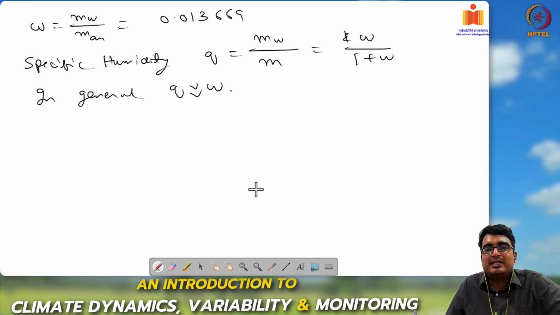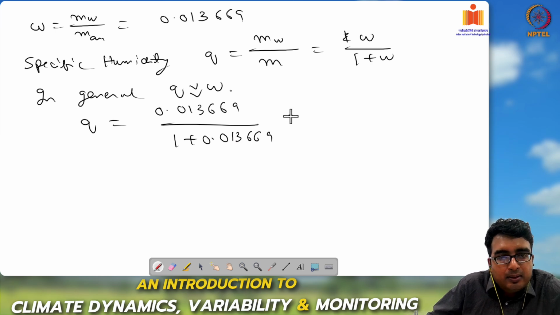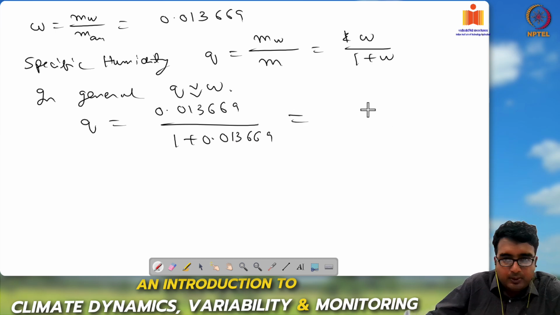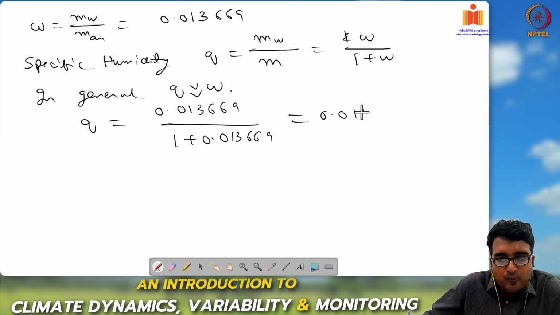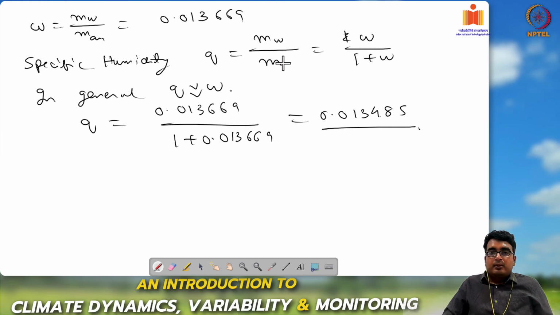Alright, and we can show this in this context here also, that Q here is 0.013669 by 1 plus 0.013669, which is equal to 0.013485. Okay. So the fraction of water vapor by mass by the total mass of air is 0.013485.